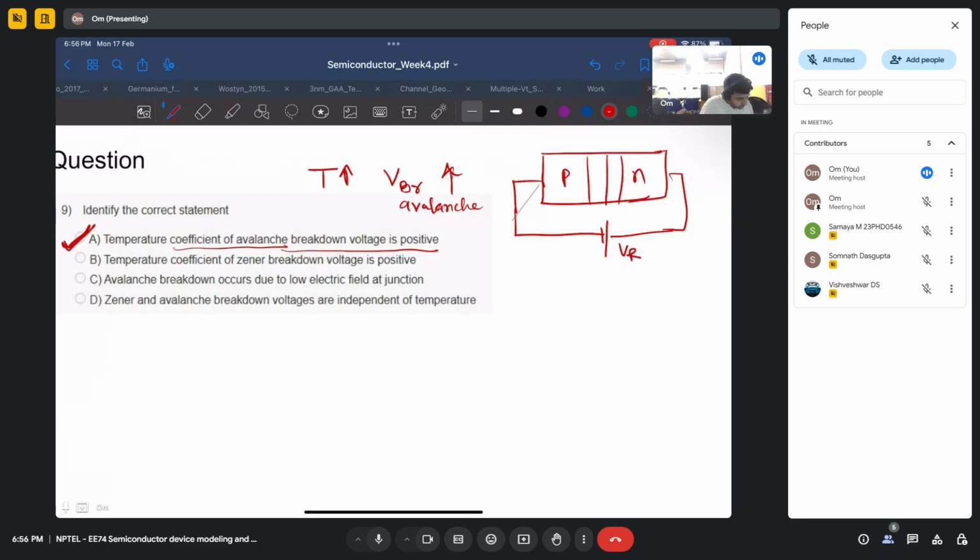If I draw the band diagram, it's something like this in the reverse bias. Call it EFN, EFP. EFP will be near EP.